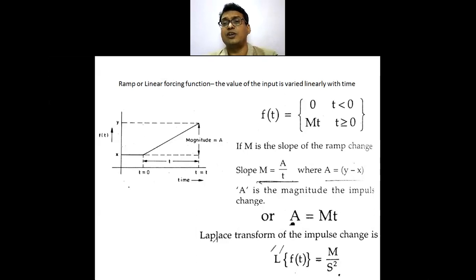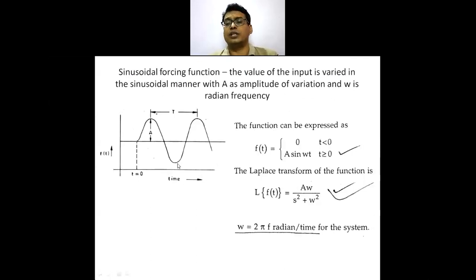That is, the value of the input is varied linearly with time. It is continuously increasing. So at time t equal to 0, x has the value 0, and as the time increases, the value also increases.